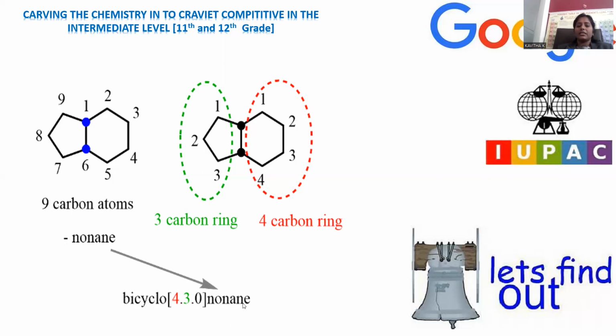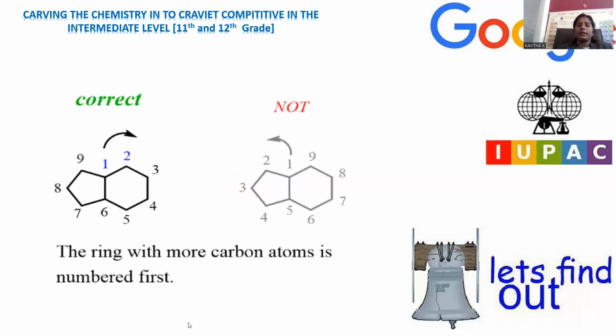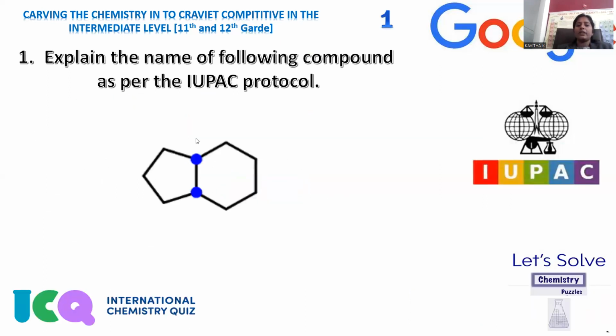So the parent skeleton will be nonane. The complete name of the system will be bicyclo[4.3.0]nonane. This is the entire name of the given compound. So this is the way a bicyclic compound can be named as per the IUPAC protocol. For question number 1, the correct name will be bicyclo[4.3.0]nonane.